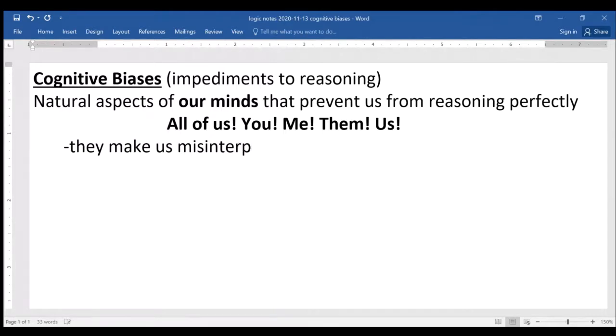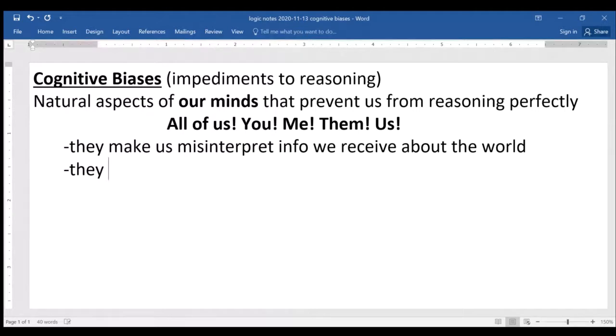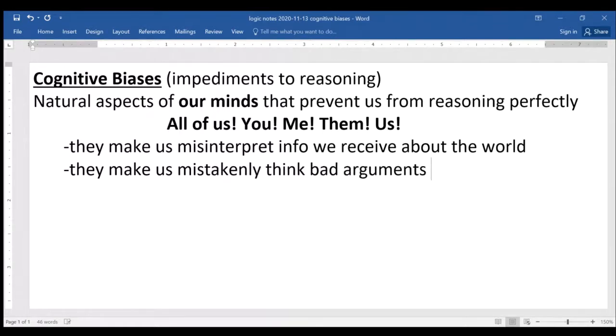Misinterpret info we receive about the world. They also make us fall for bad arguments. They make us mistakenly think bad arguments are good arguments. Or they make us actually put forward bad arguments that we don't realize are bad.